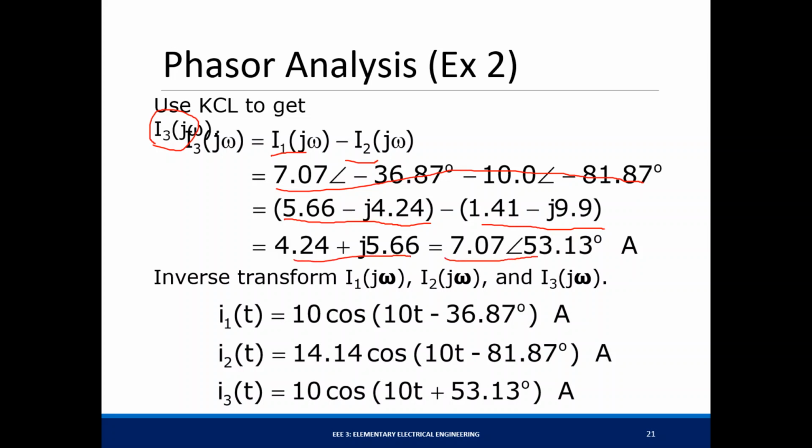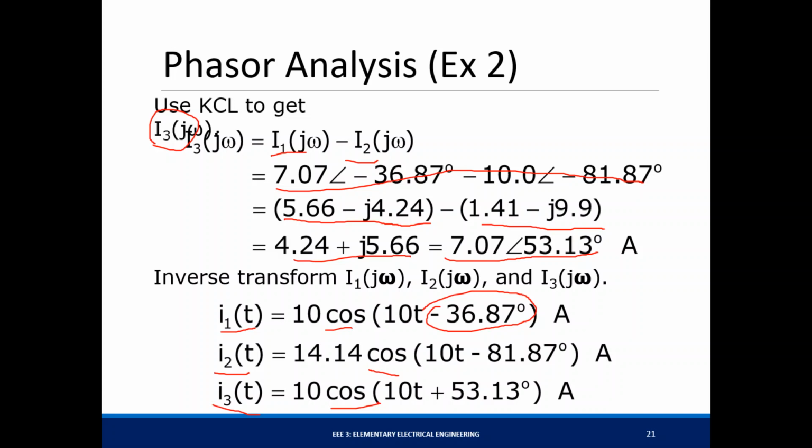Convert it back to your phasor form or your polar coordinate form. And you can now transform that back into the time domain equivalents with something like this. So multiply the magnitude by square root of 2 and add the phase to the cosine function. Okay, so that's the solution.